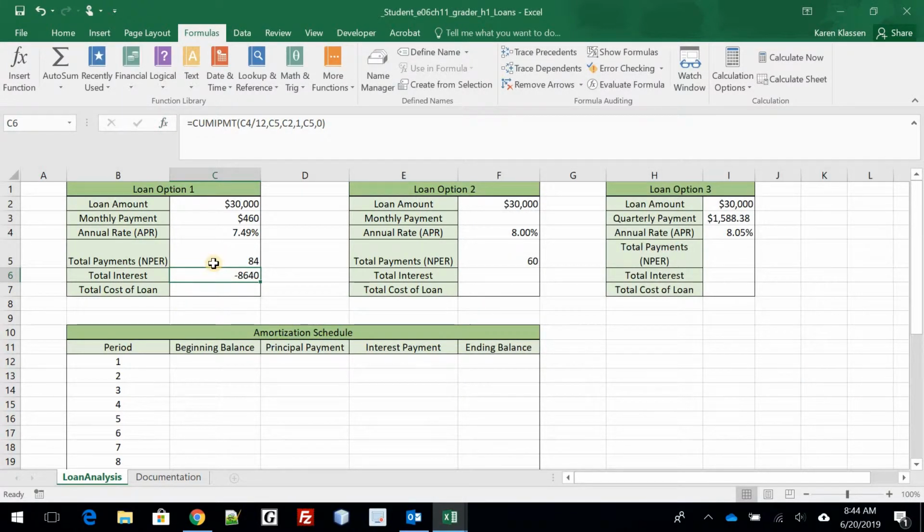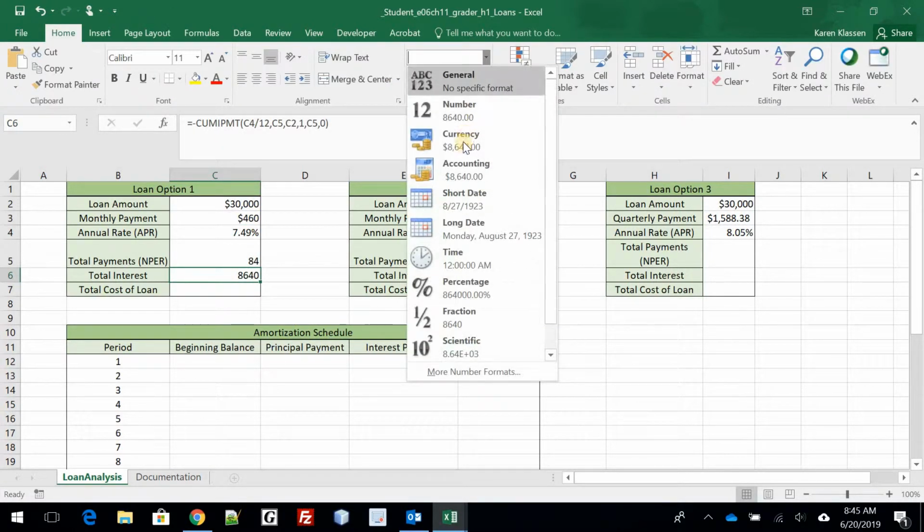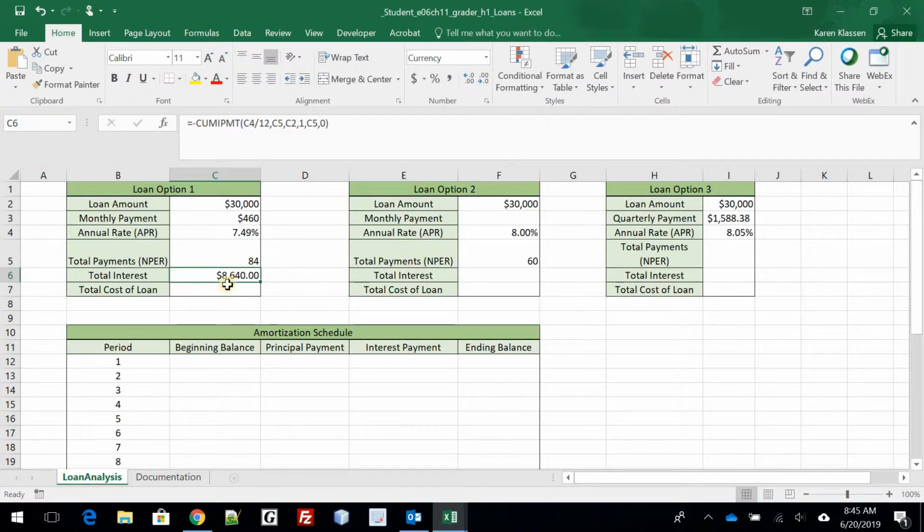Now we need to show this as a positive number and format it as currency. So to do that, all I'm going to do is reverse the sign. So I'm going to come up here between my equal and my function name and just put a negative. Okay, so that reverses the sign of whatever it calculates here. And then I'm going to go home and select currency.